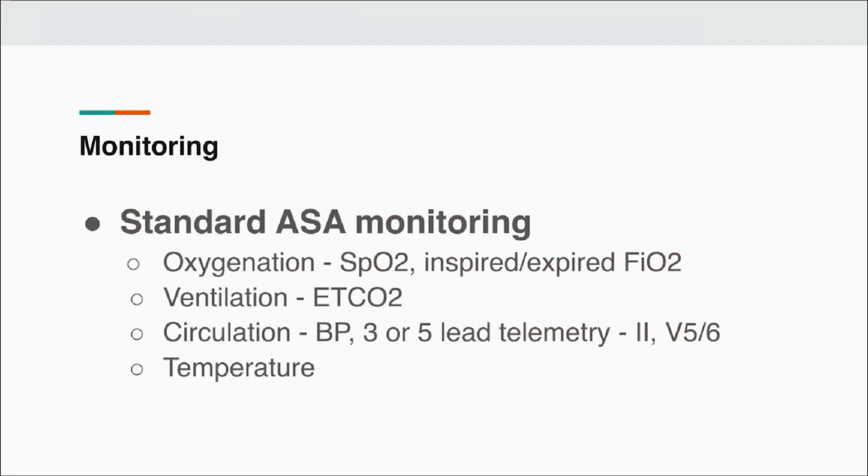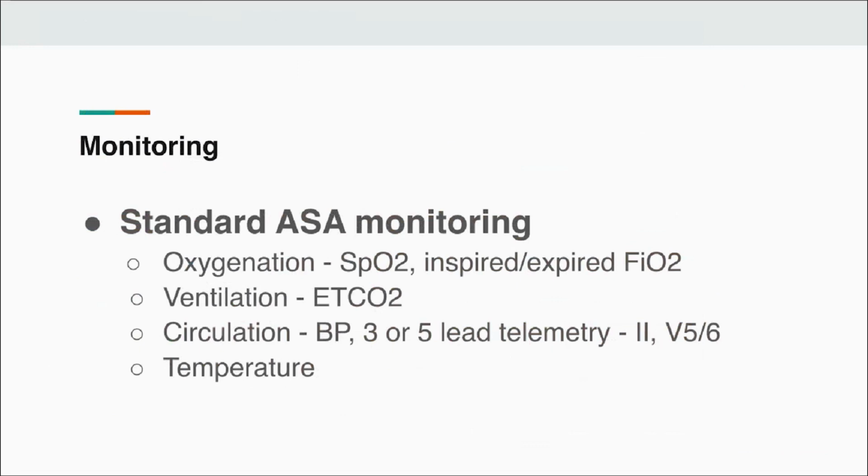The next thing we measure is ventilation, and that could be visual by chest rise, but with the more advanced monitors that we have, we typically do follow the end tidal CO2, and that can be with a nasal cannula, that can be with a face mask, and obviously with a secured airway or a supraglottic airway.